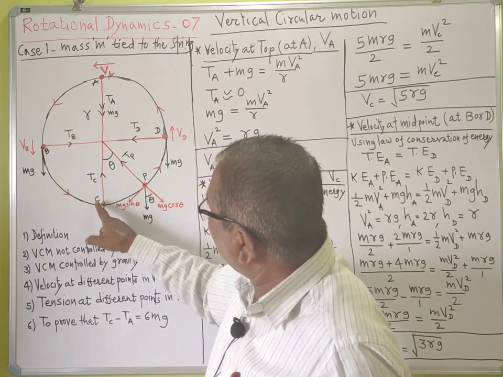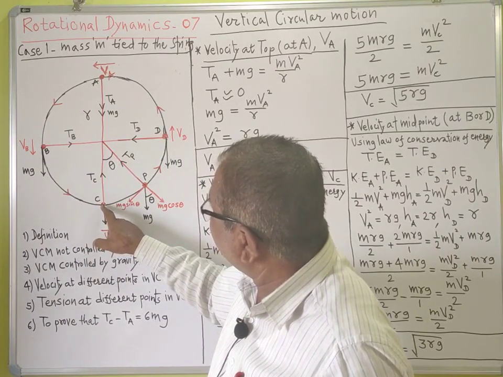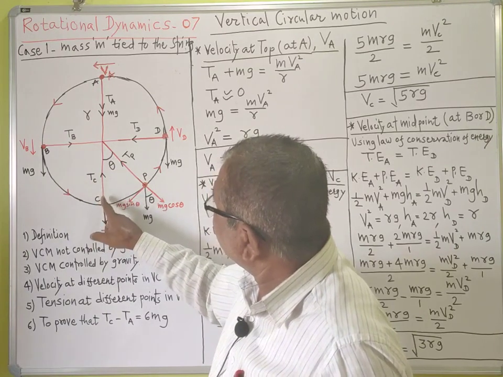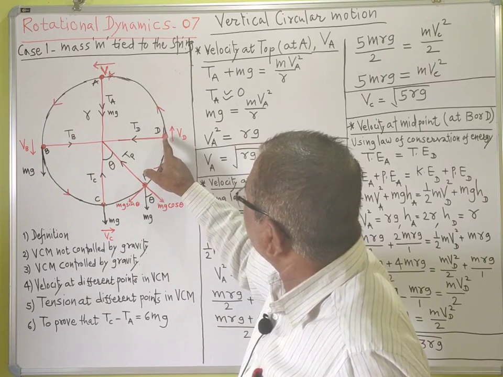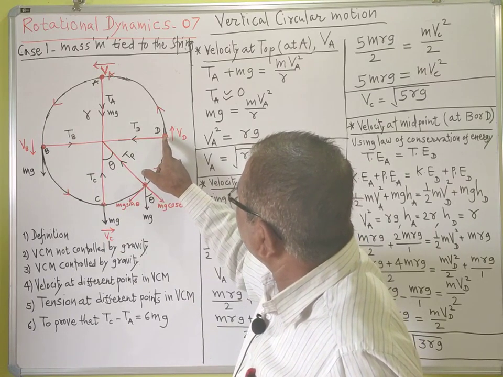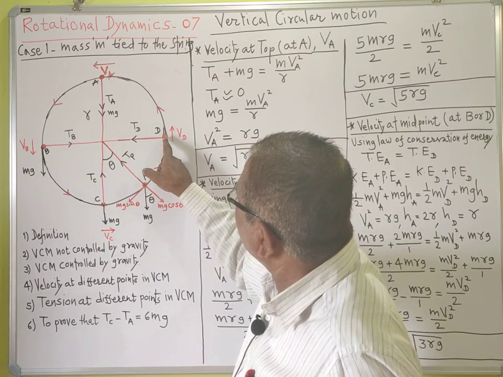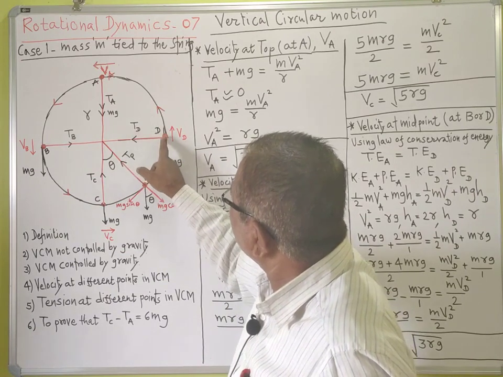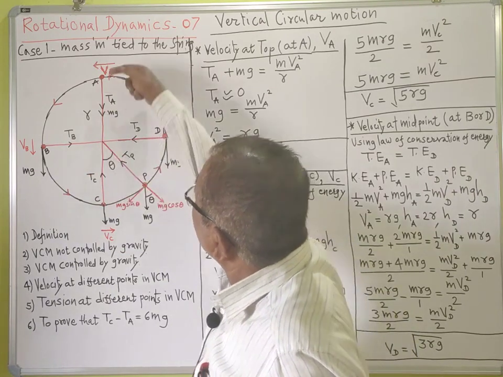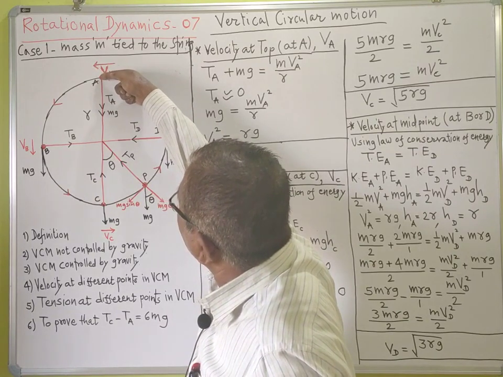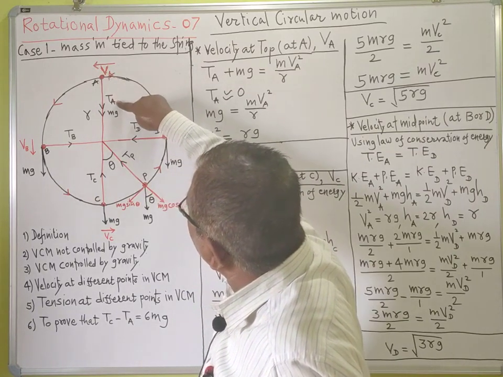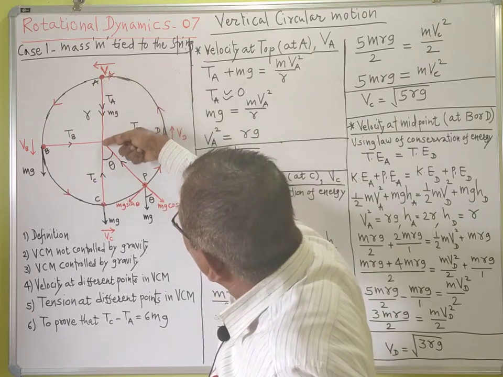So the tension acting on the particle when it is at C point is Tc, directed towards the center. When the particle is at D point, the tension is Td, directed towards the center. When the particle is at A point, the tension is Ta, directed towards the center.